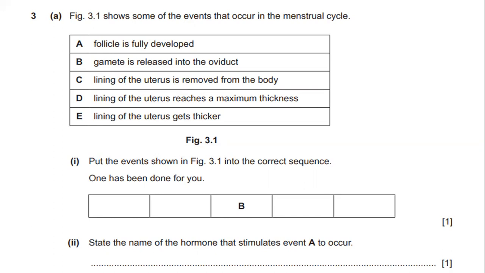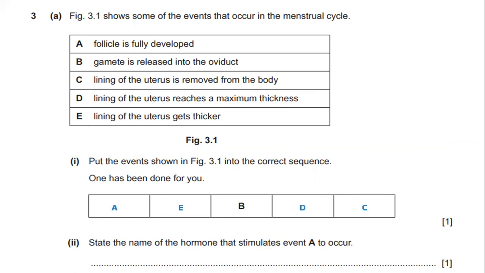So, if you can see here, first of all, the lining of the uterus will get thicker, or the follicle is fully developed, and then gametes are released into the oviducts, and the lining of the uterus reaches a maximum thickness, and finally the lining of the uterus is removed from the body.